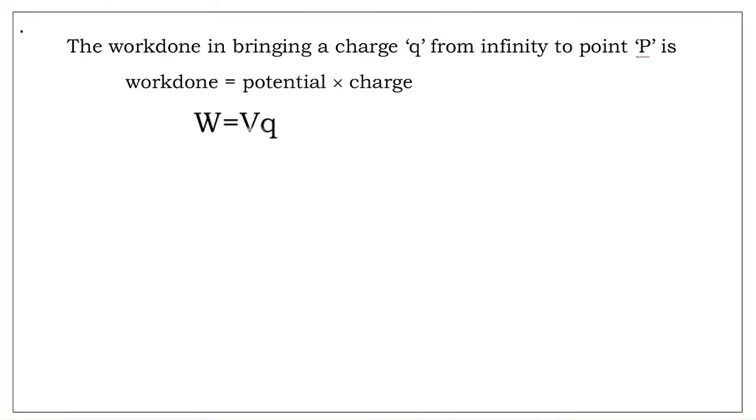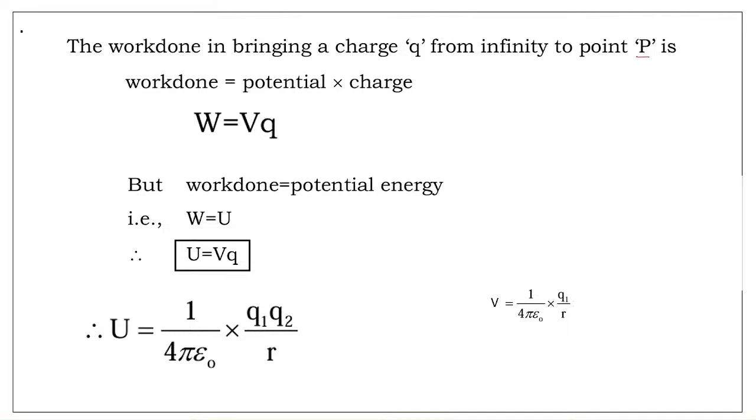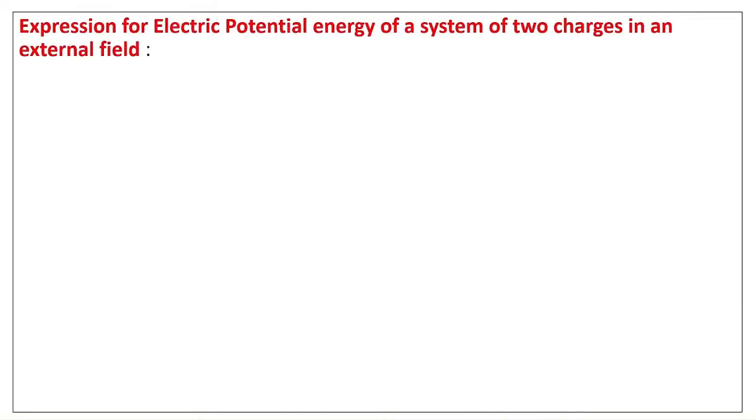That is, W is equal to U. Therefore, U is equal to VQ, where V is equal to 1 by 4 pi epsilon naught Q1 by R. Finally, we get U is equal to 1 by 4 pi epsilon naught Q1 Q2 by R. Next, expression for electric potential energy of a system of two charges in an external field.